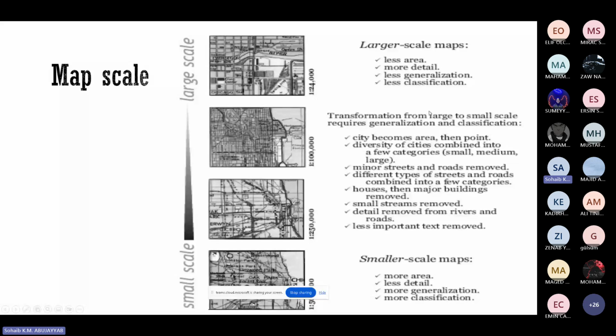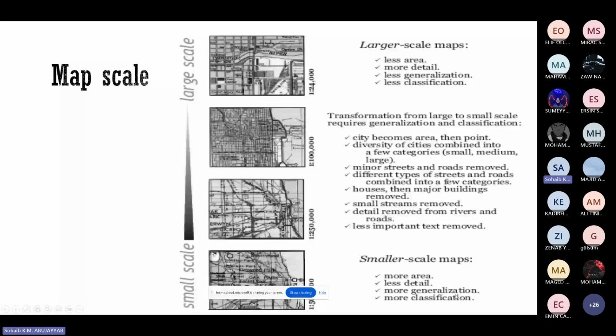While in the small scale maps, you will cover more area, like instead of only covering one neighborhood in Karabuk, maybe you will cover the entire national border of Turkey. You will have less details, more generalization, and more classification, or more classes.